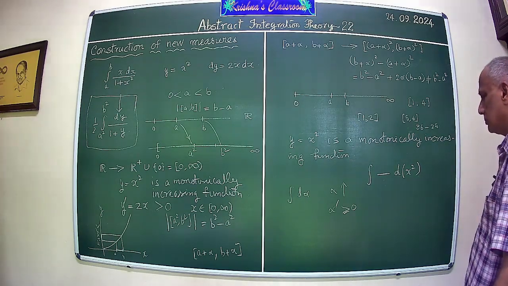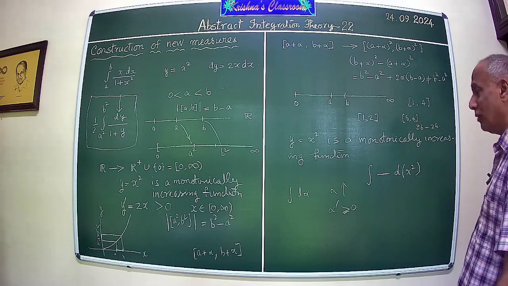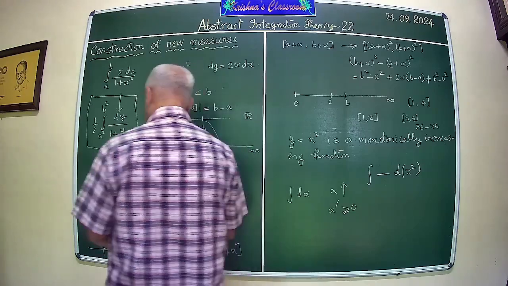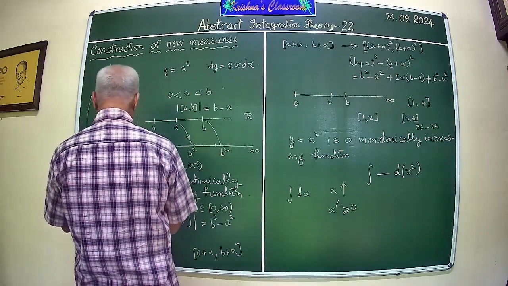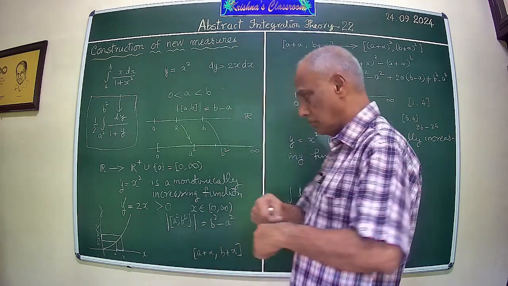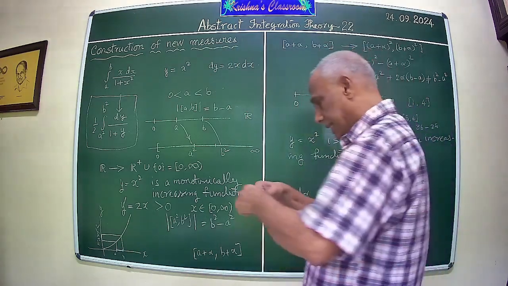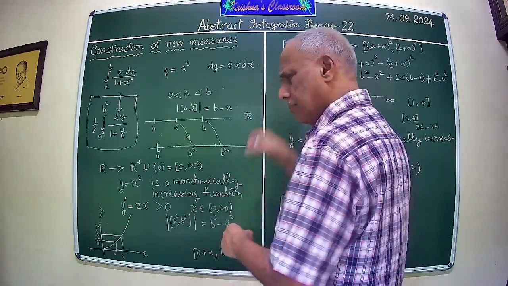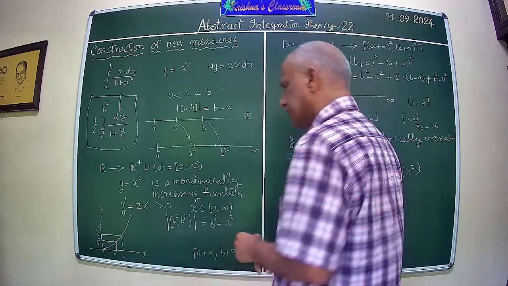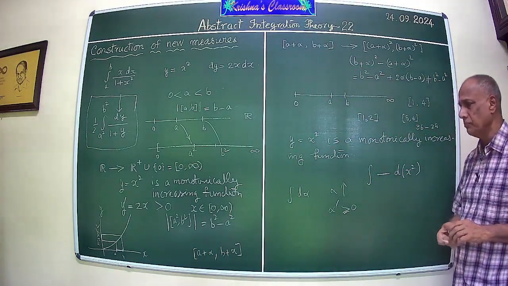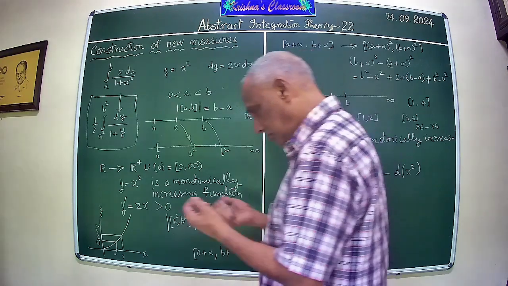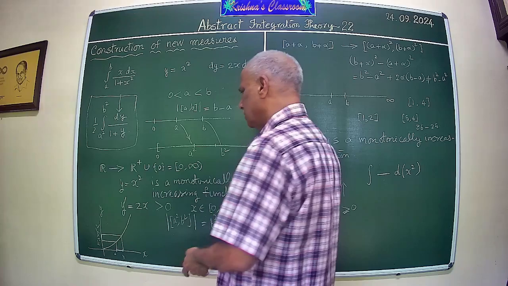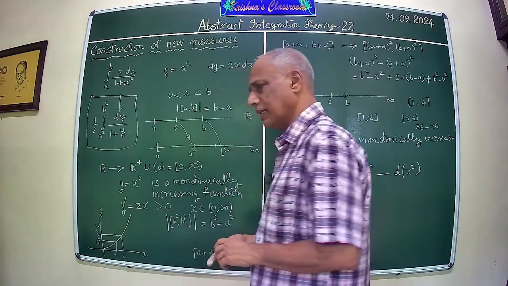Now we have all sorts of possibilities by introducing a non-negative function which may be 0 on some interval. Suppose the function is 0 on some interval, it is still monotonically non-decreasing, and d alpha on that portion is going to be 0, or in other words, there is no contribution to the integral coming from that.